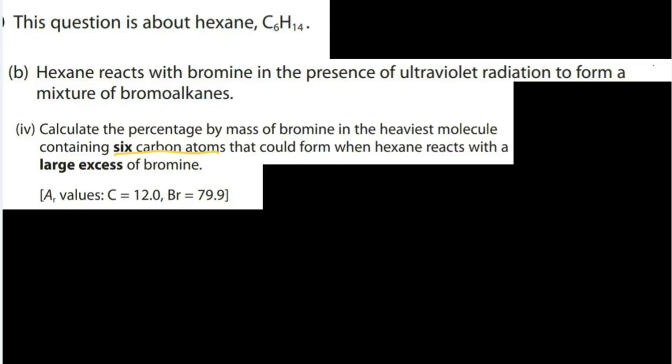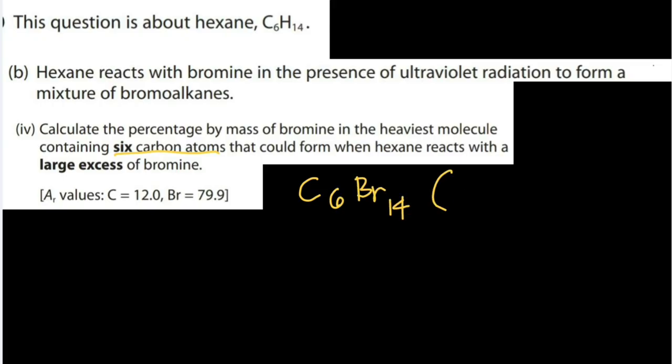So how are we going to calculate the percentage by mass of bromine in the heaviest molecule? The first thing we do is decide the heaviest possible carbon-containing product. So if every hydrogen in C6H14 is replaced by bromine, then we will get the fully brominated alkane C6Br14.